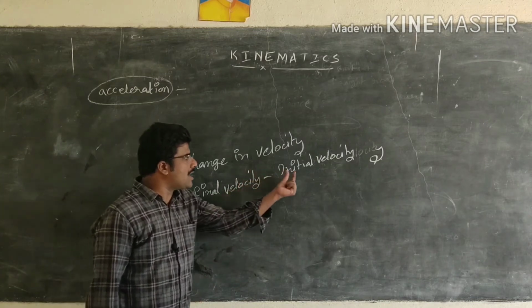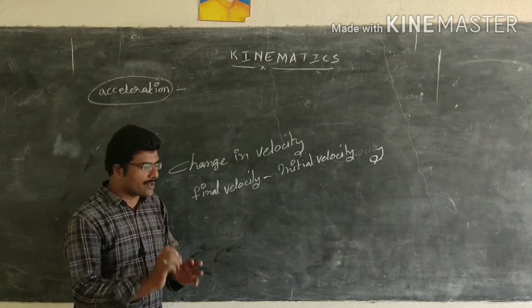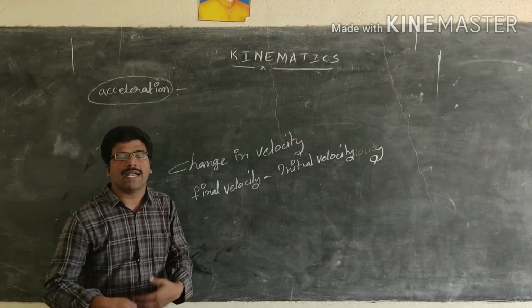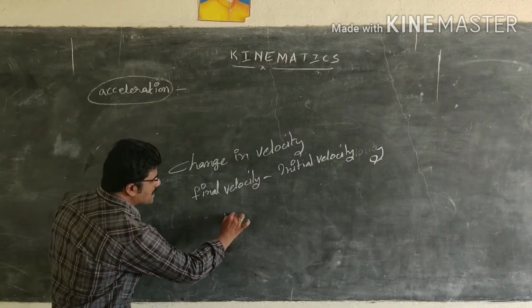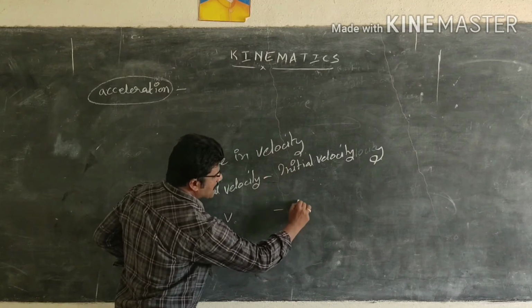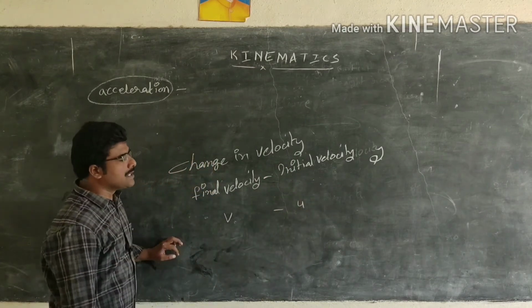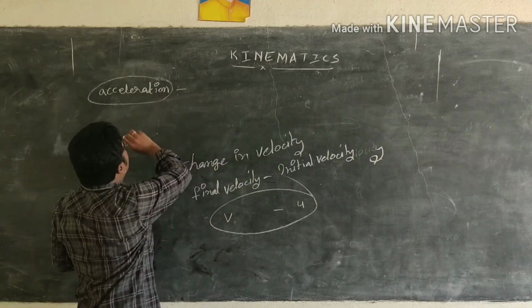Initial velocity means starting velocity. Final velocity means ending velocity. Always, final velocity is represented by the letter V and the initial velocity is represented by the letter U. This V minus U gives change in velocity.